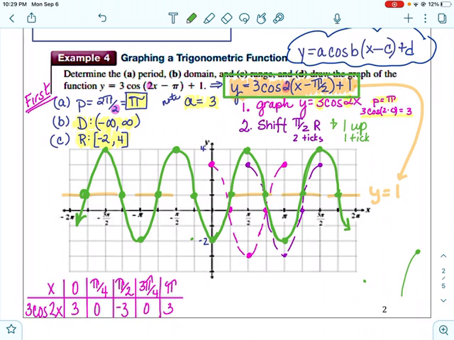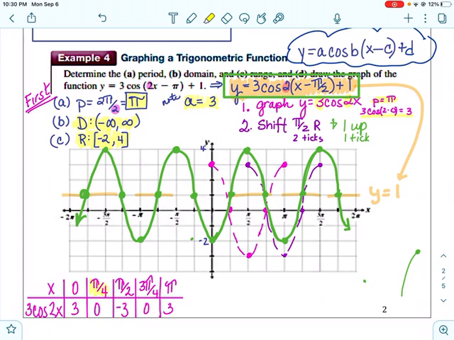So I would choose values that are what I call compatible. So I would pick values like 0 or pi over 2 just to see what I would get. And as it turns out, if you input pi over 4, you get 0 for an answer. So this is the pink graph. So this is where I started before I did a shifting pi over 2 to the right and 1 up.